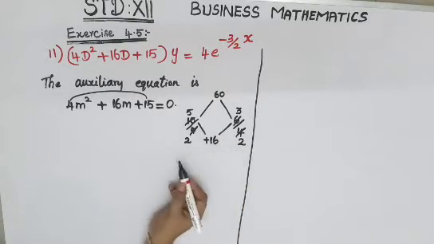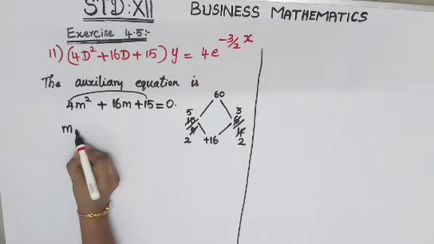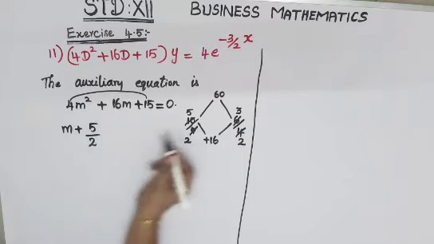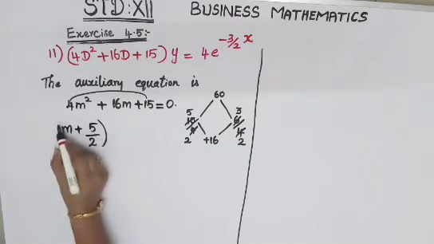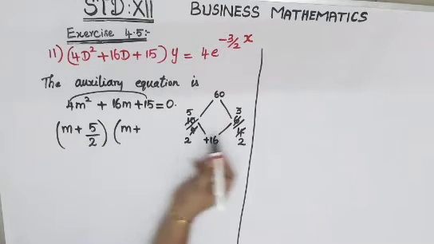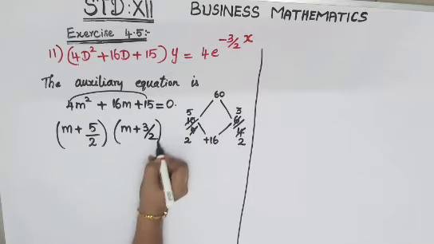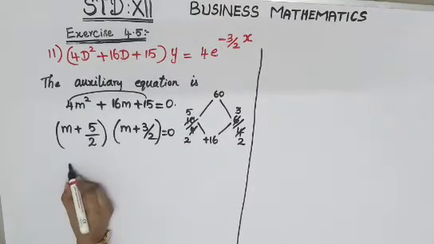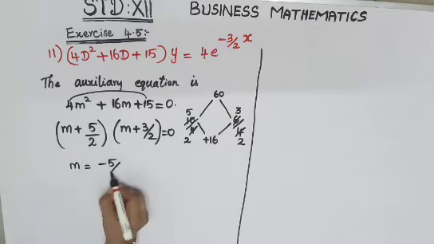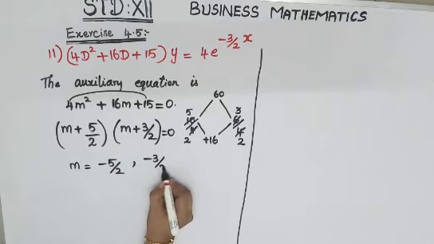Once you have finished your cancellation, you can go back to your value of m. So (m + 5/2), that is your first answer what you got here, into (m + 3/2), that is equal to 0. m is equal to -5/2, comma, -3/2.